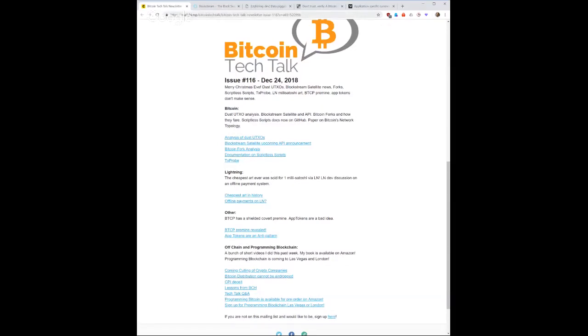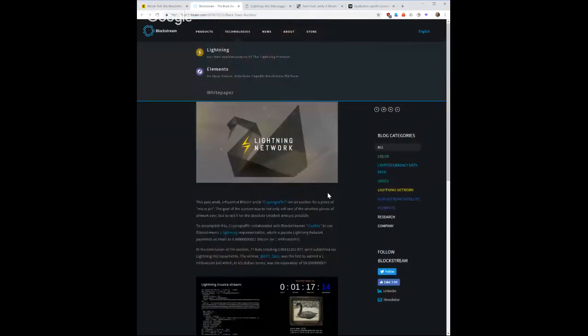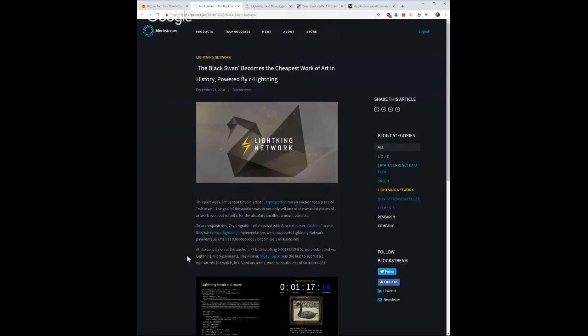All right, the cheapest art in history. Crypto Graffiti created this really interesting art piece out of dollar bills. They took tiny pieces out of dollar bills and made this black swan, making fun of black swan stuff. The auction was really interesting because it said whoever pays me the least, that's not zero or negative, will win this auction.